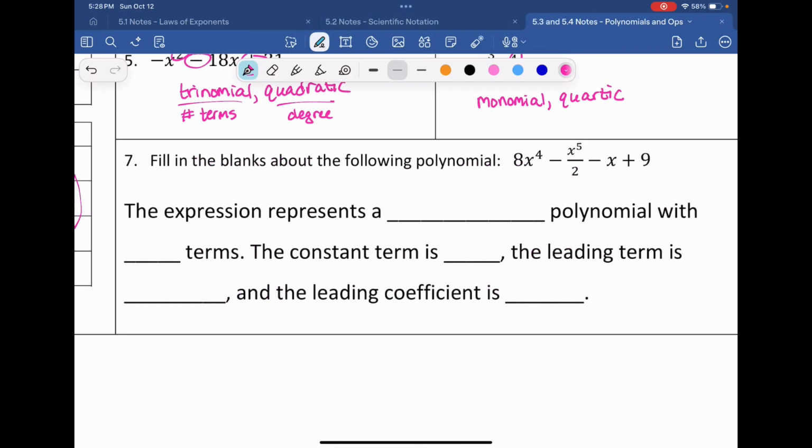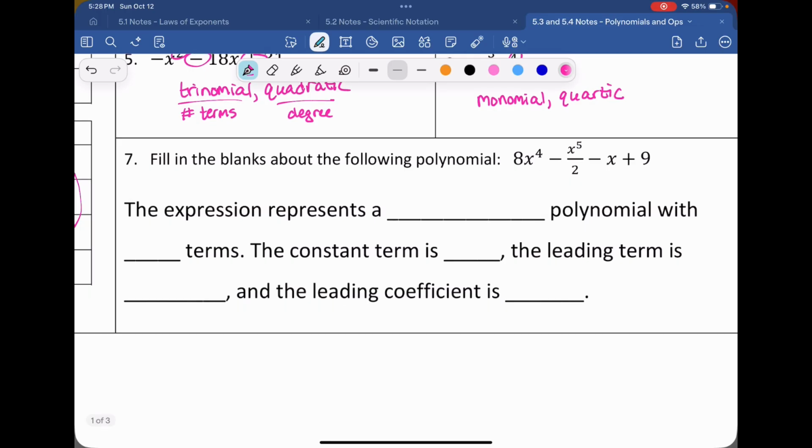All right, so I pulled this directly from your assignment. Your assignment is in Delta Math for this. Okay, so this is the classification part. This expression represents, and it's asking for the degree.